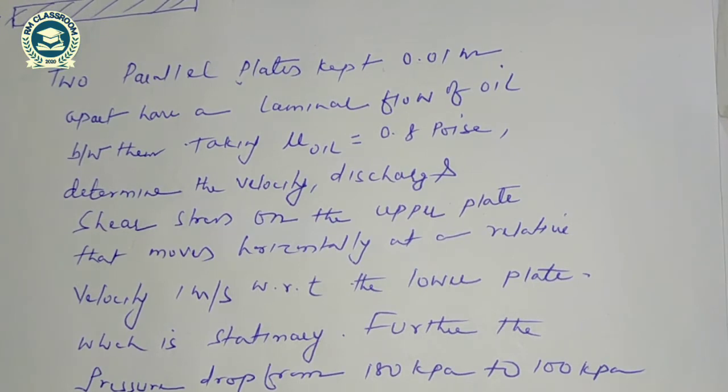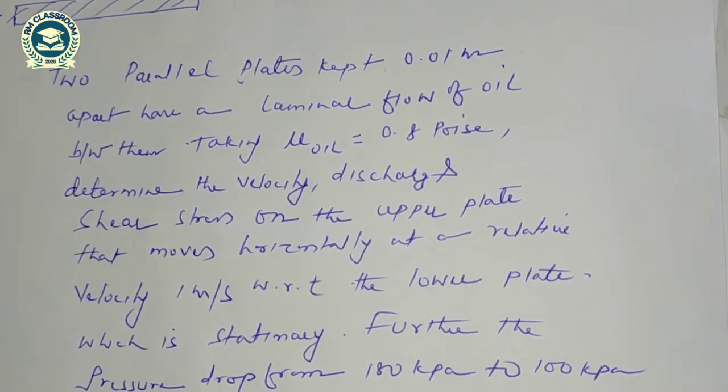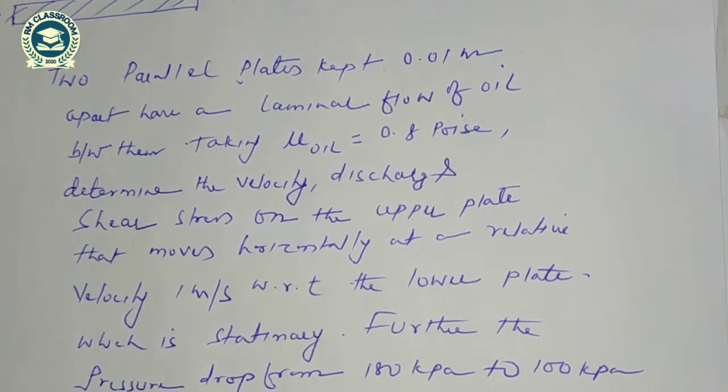Two parallel plates kept 0.01 meter apart have a laminar flow of oil between them, taking the dynamic viscosity of oil is 0.8 poise. Determine the velocity, discharge and shear stress on the upper plate that moves horizontally at a relative velocity 1 meter per second with respect to the lower plate, which is stationary. Further, the pressure drop from 180 kilopascal to 100 kilopascal over a distance of 80 meter.